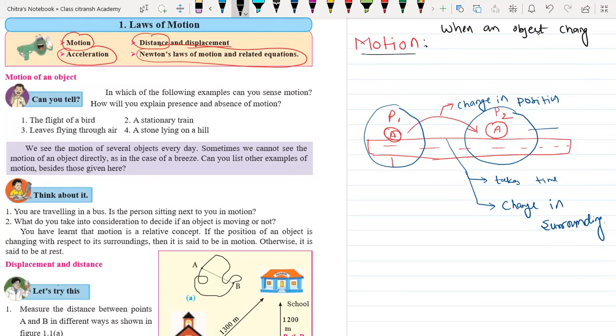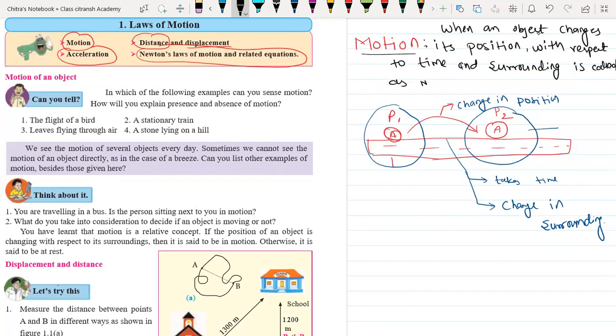When an object changes its position with respect to time and the surrounding, it's called motion.